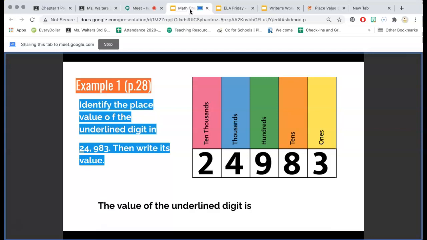And the place value chart shows 24,983. So the underlined digit 2 is in the 10,000s place. So its value would be 2 times 10,000, which would be 20,000.